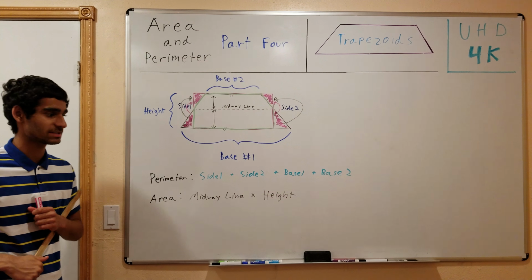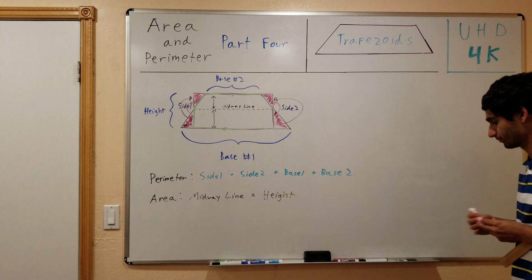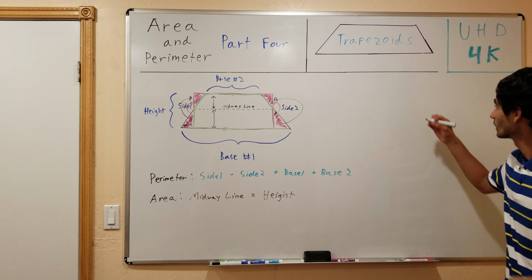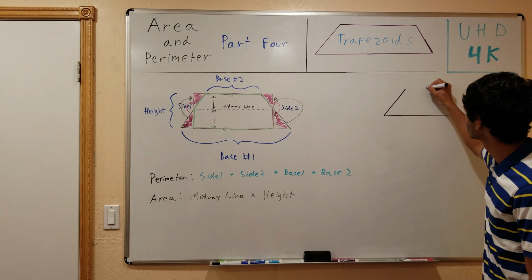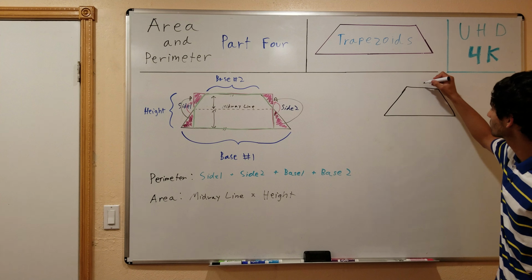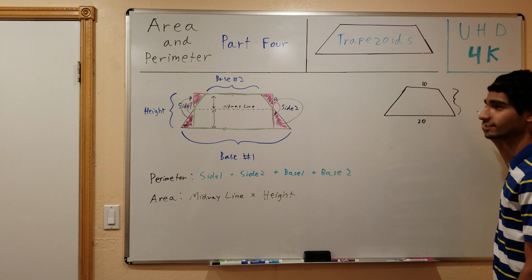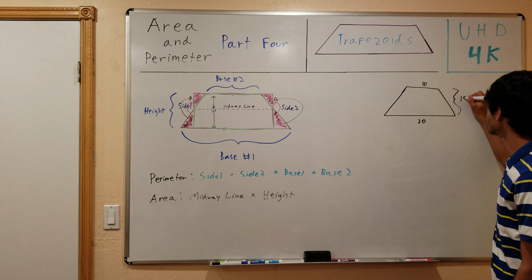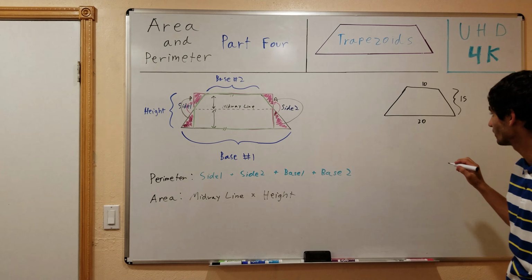So let's do some practice problems to see how this all works. So I have this trapezoid over here. So this top is 10, bottom is 20, and this height is 15. Let's just say. So how do I find the area of this trapezoid?